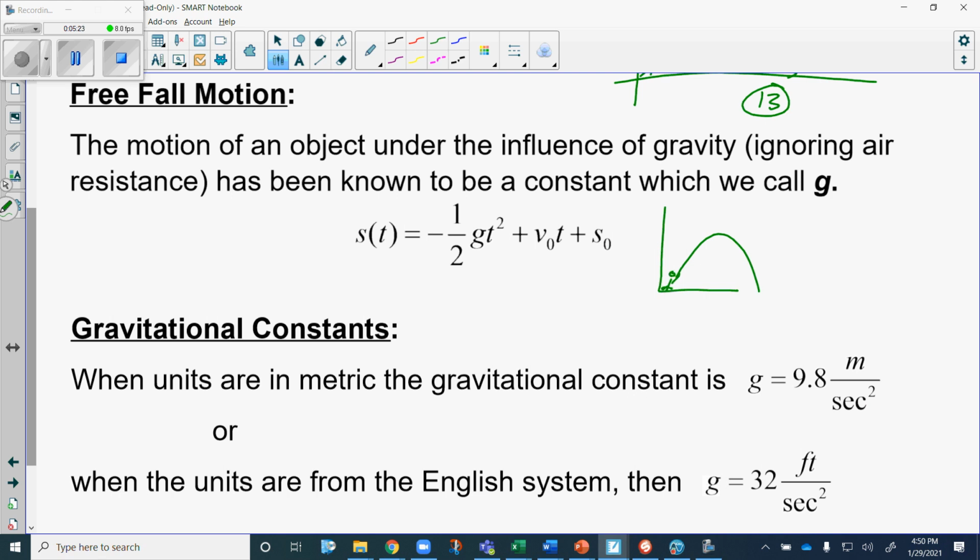So we have our gravitational constants of 9.8 meters per second squared, or 32 feet per second squared, and v naught is your initial velocity, and s naught is the initial position.